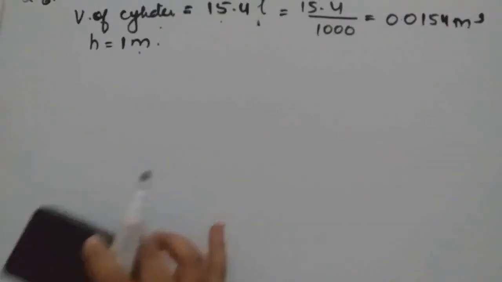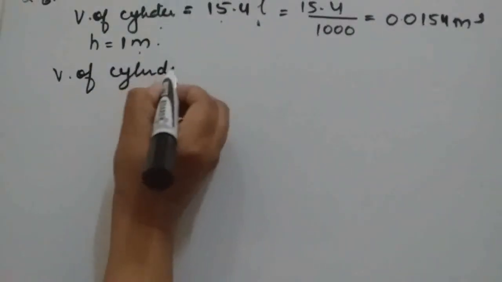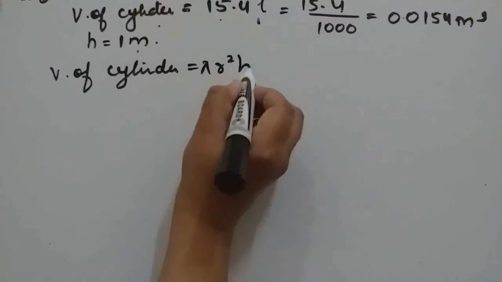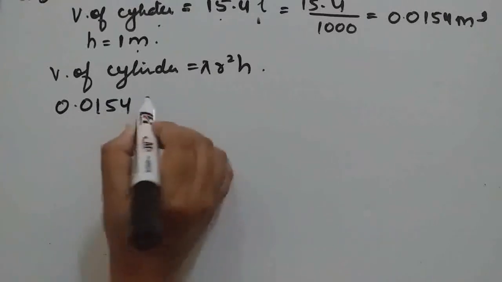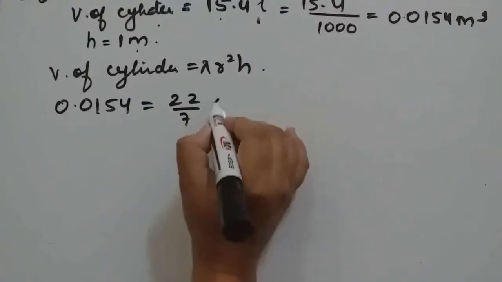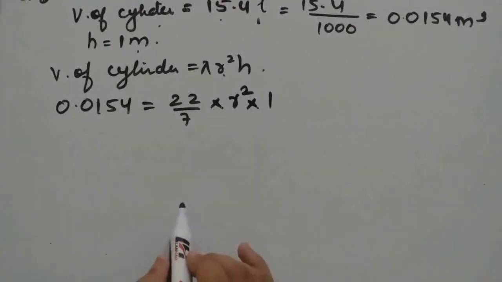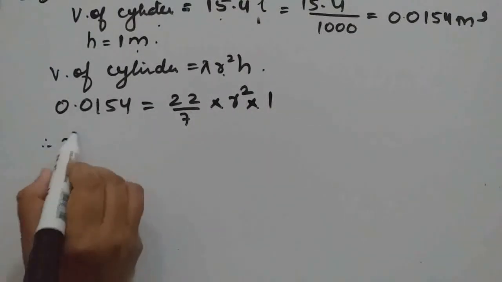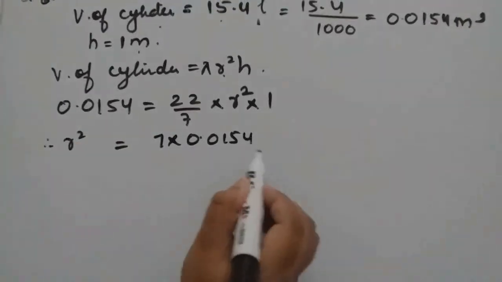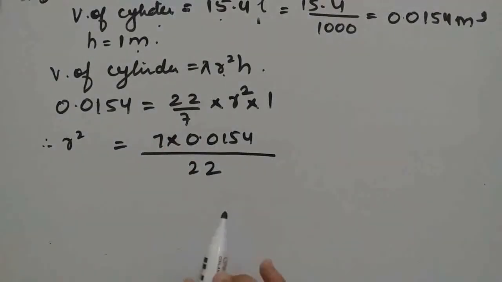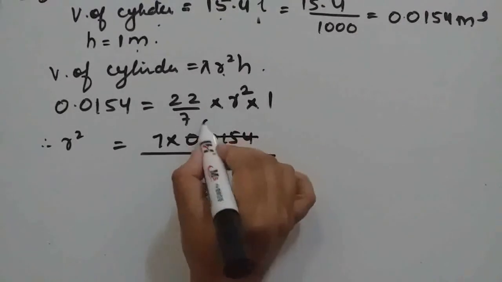Okay. Now we'll find the volume of cylinder by the formula, that is pi r square h. This we got as 0.0154. Pi is 22 by 7. R square is not known, so we'll write r square. H is 1 meter. Okay. So now r square will be, this 7 will shift this side, divide by 22. So from 11 we can cancel, 11 twos are 22.